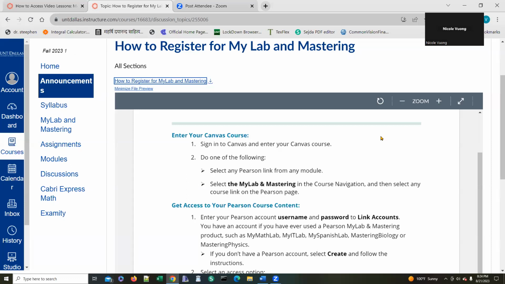And I've used Pearson at my other school before. I don't know if you do the same, but I know some previous professors, they let me redo the questions if I get it wrong. Is that an option here too? For the homework questions, I have no limit how many times you attempt them. So you can attempt them 10 times, 20 times. I don't mind.